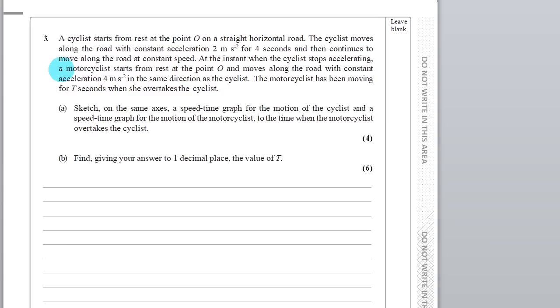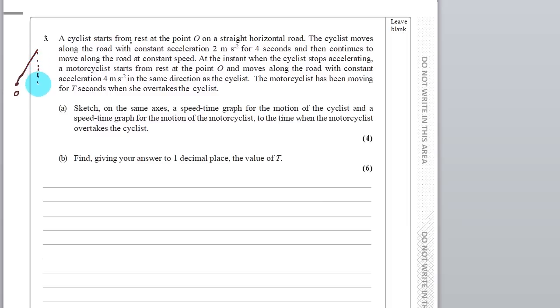Let us go ahead. Now a cyclist starts from rest at point O. So he starts here, this is O, on a straight horizontal road. The cyclist moves along the road with a constant acceleration of 2 meters per second squared for 4 seconds.